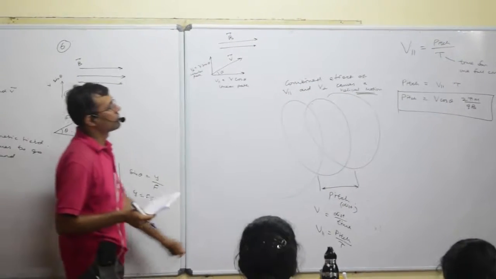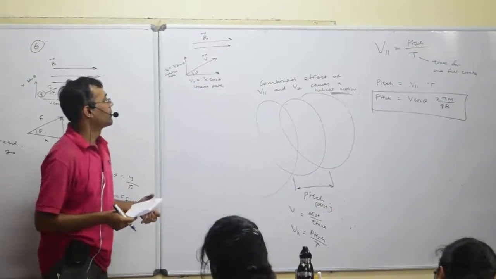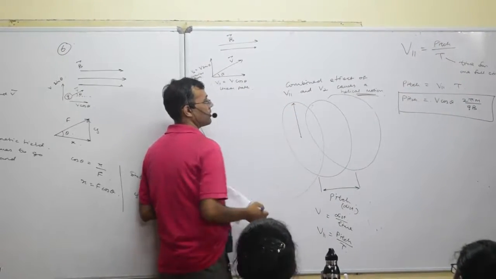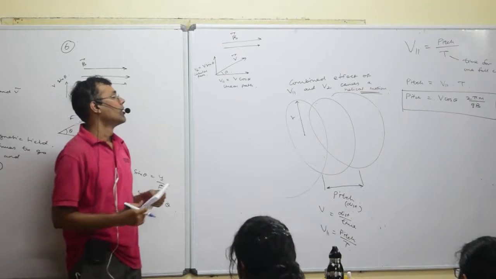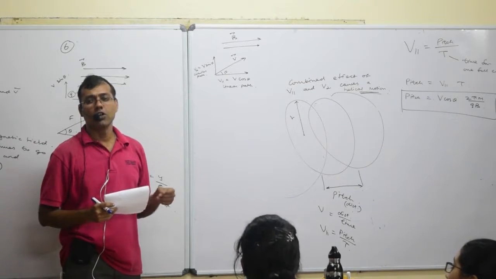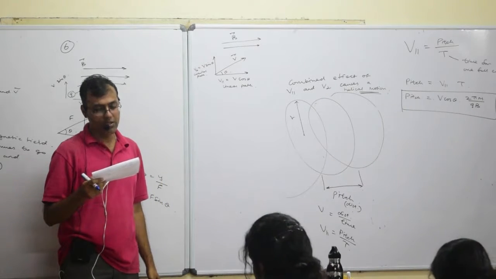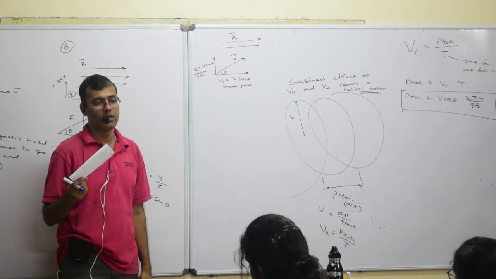So we found some feature regarding the linear movement. Any idea what will be the feature which is very important for the circular movement? Radius, right? But did we talk about some formula for that? V is equal to, what is the formula? qBr by m.